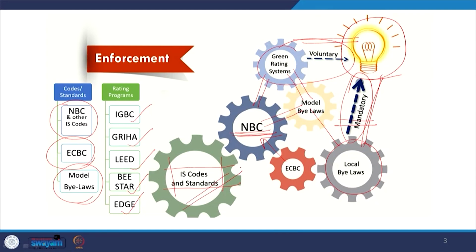So, NBC, ECBC and many of these others form the voluntary set of codes, yet they are very important in driving the agenda of green and sustainable buildings. So, here we are talking about the National Building Code as the first code.